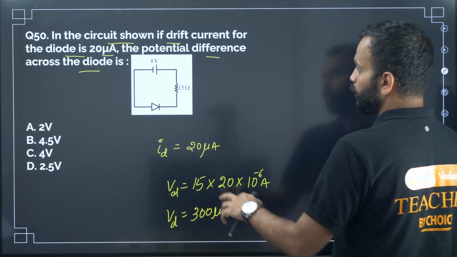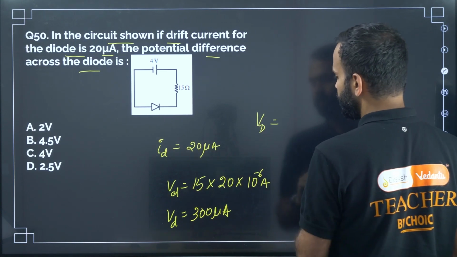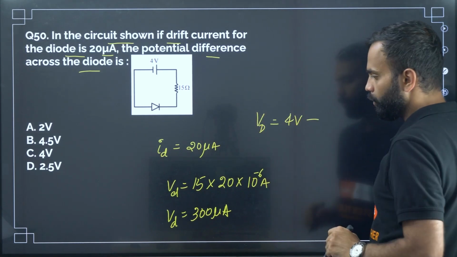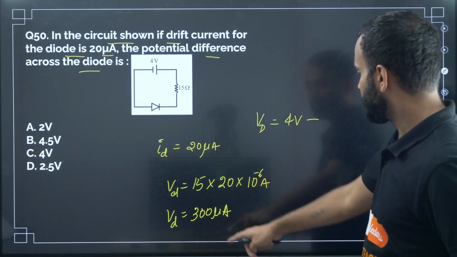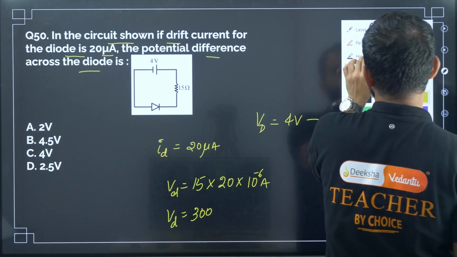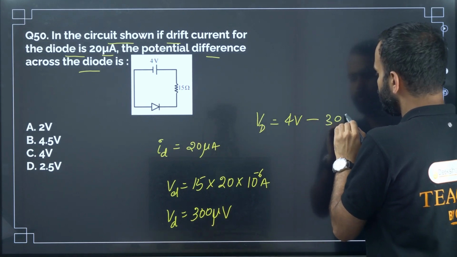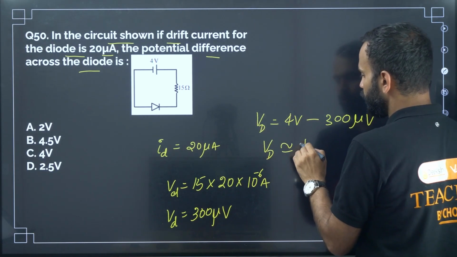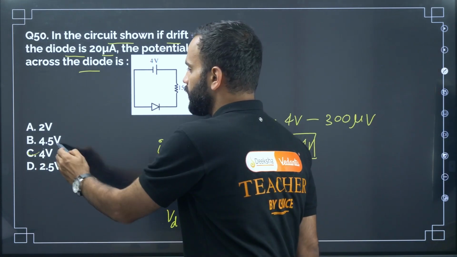Okay, so now potential difference across the diode is equal to 4 volt minus here I into R. Sorry, this is microvolt, not microampere, microvolt. 4 volt minus 300 microvolt. So now VD is approximately equal to 4 volt only. Okay, almost equal to 4 volt. So the correct option is C.